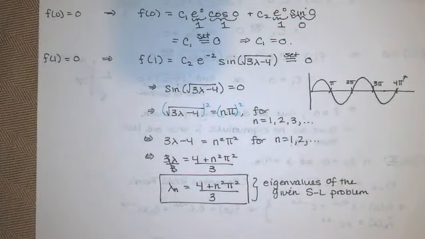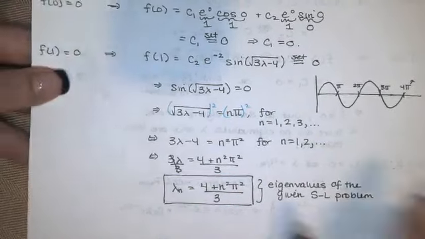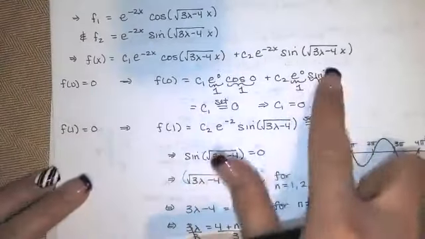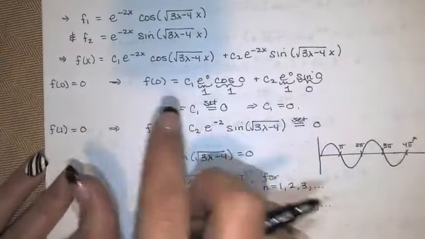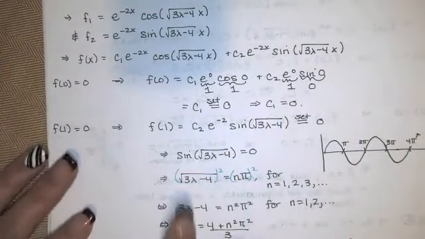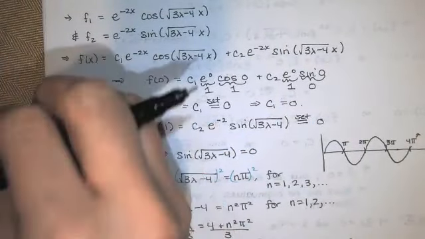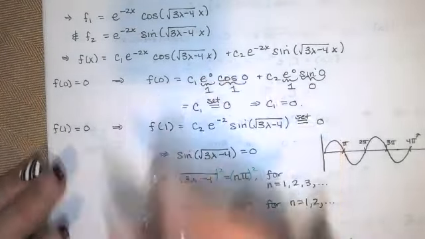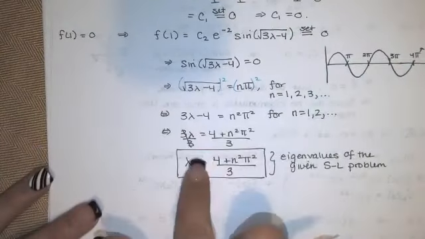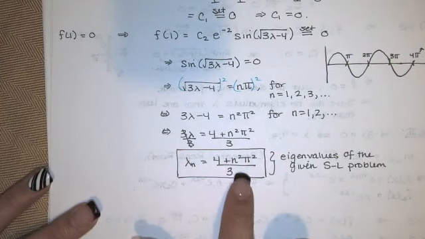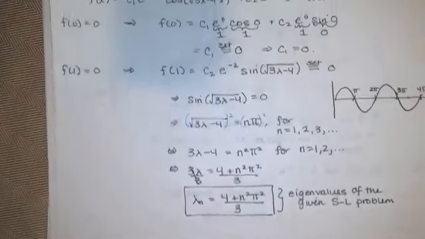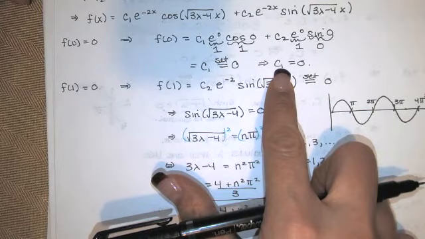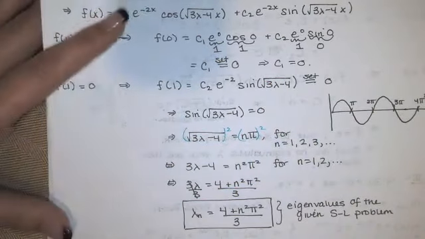Now to find the eigenfunctions, we're going to substitute this lambda into the form of the solution from up here. Now this just says f of x, but we could write f sub n of x because we're going to replace the lambdas with 4 plus n squared pi squared over 3. But remember that C1 is equal to 0 and C2 could be anything.